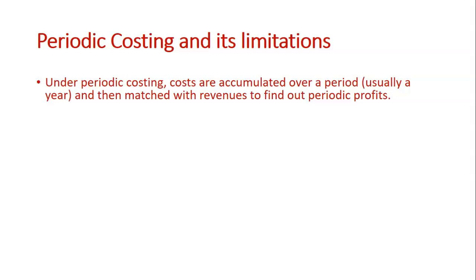We need to prepare financial statements for a certain period, which is usually 1 year, and we need to have them backed by costing information. So we need cost of sales for the period. That is why traditionally we use periodic costing, where we accumulate all the costs over a period of time. So we prepare a cost of goods manufactured and sold statement for 1 year.